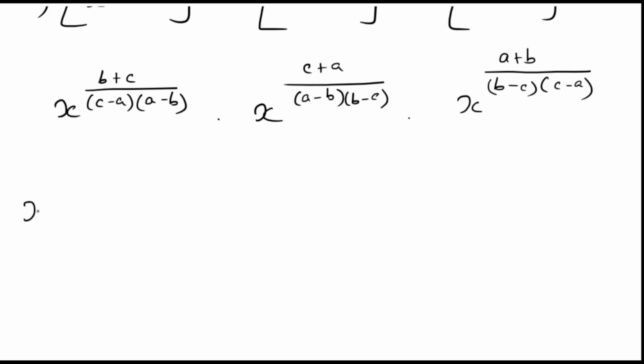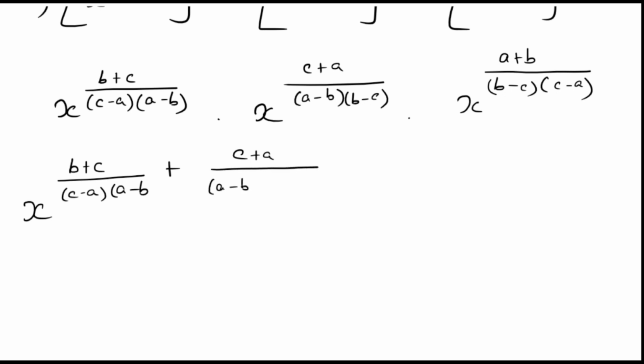So this can be written as x to the power (b plus c) divided by (c minus a) into (a minus b), plus (c plus a) divided by (a minus b) into (b minus c), plus (a plus b) divided by (b minus c) into (c minus a).